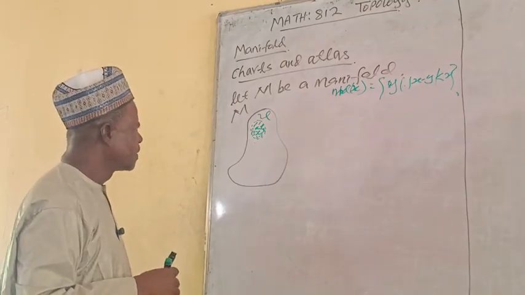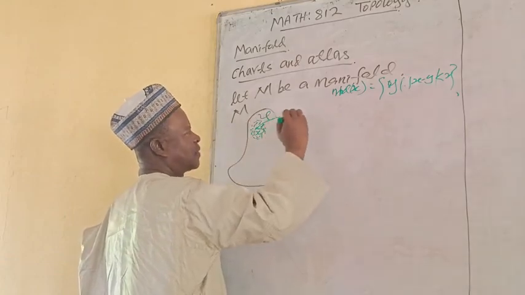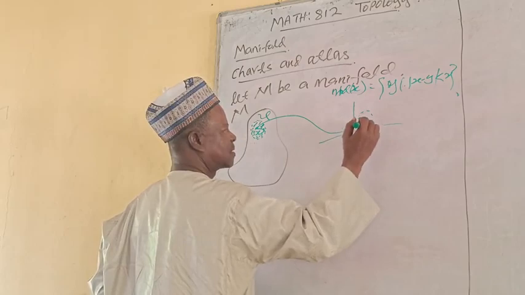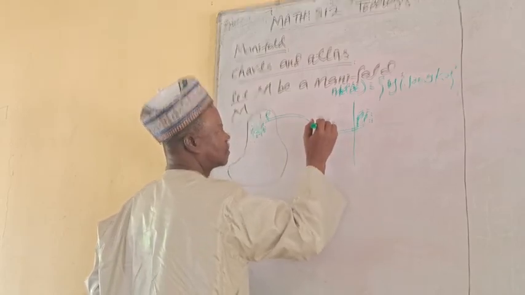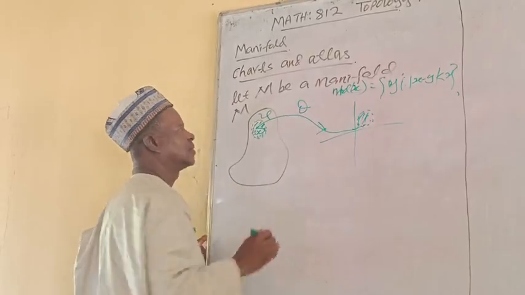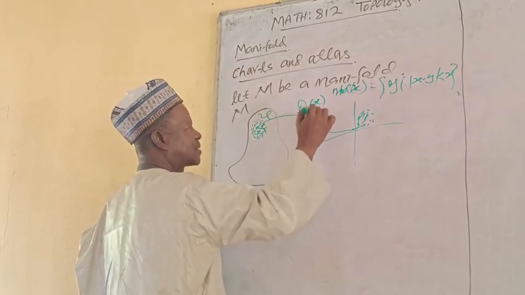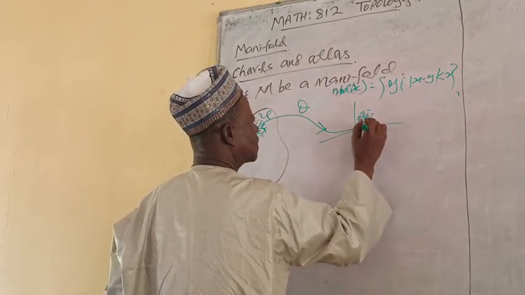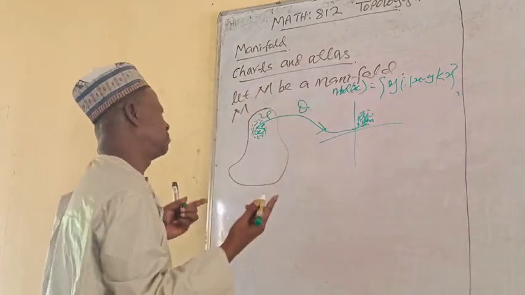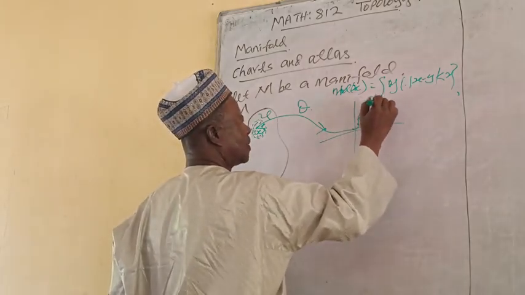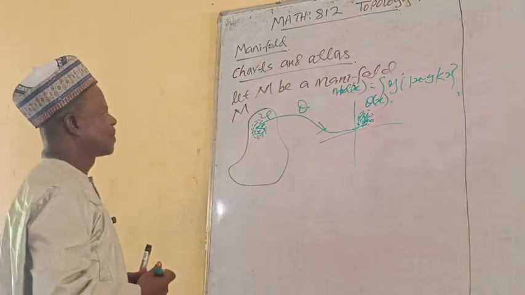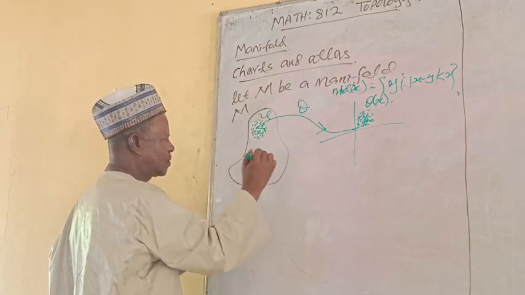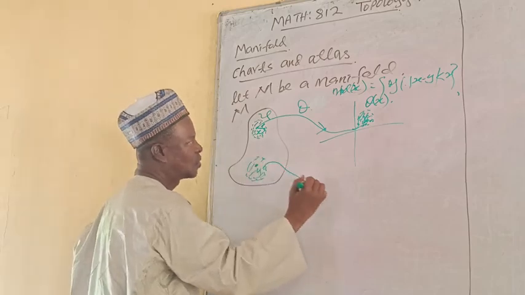Now, if you apply some map on this point onto some two-dimensional space, supposing you have a mapping, maybe theta, this is theta of X. This is the map theta, and it produces an image here, which we call theta of X. Now, supposing you have maybe another point here, maybe Y, which is also defined another.